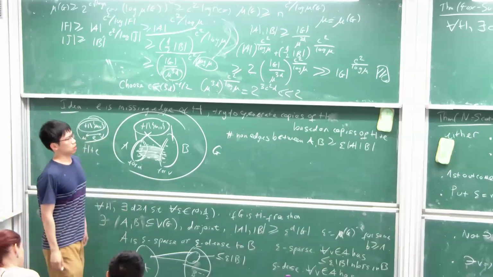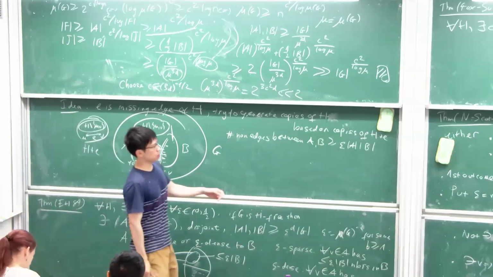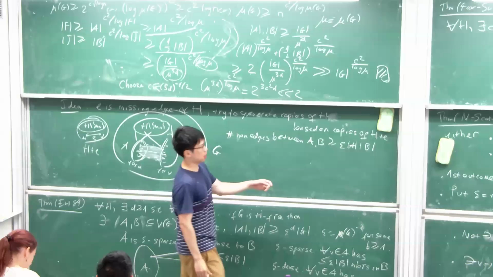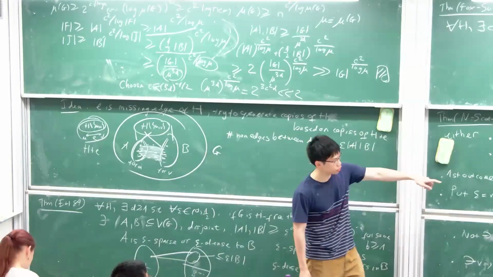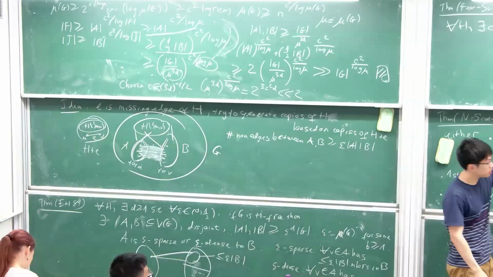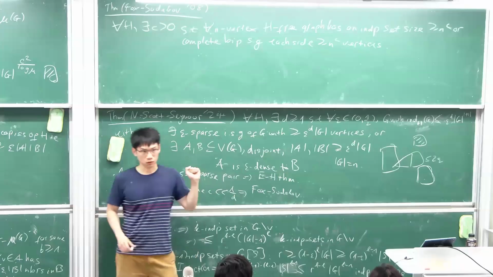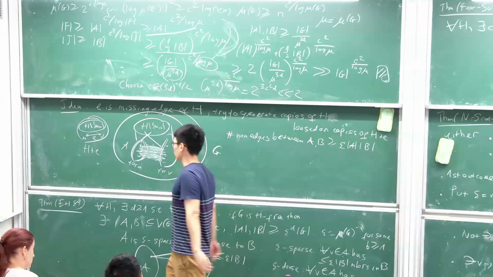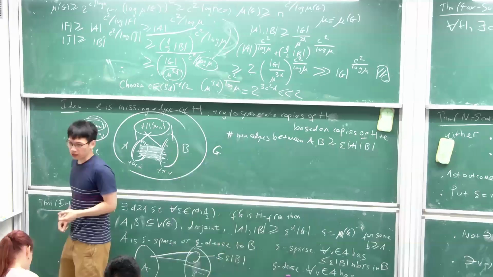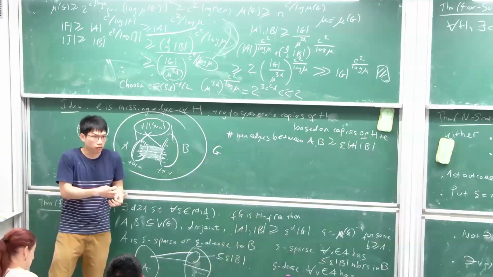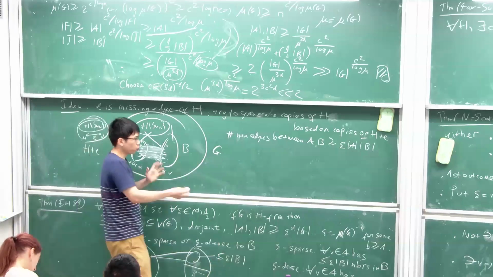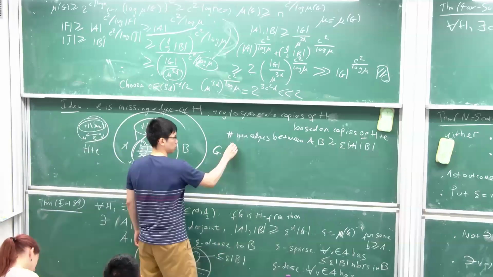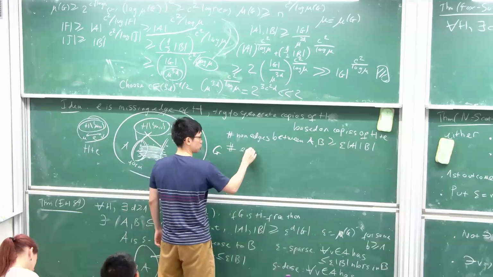Right. So now, to force the second outcome, I also need to check that A and B have good size, right? Why? Because I already said that there are a decent number of edges between A and B. So what do we mean by a decent number of edges?